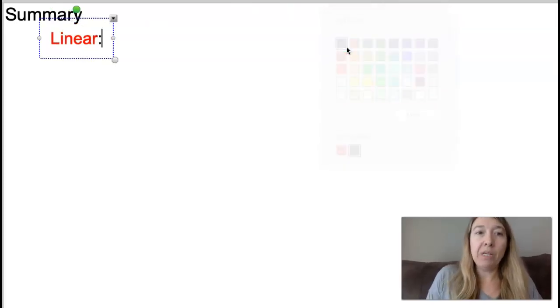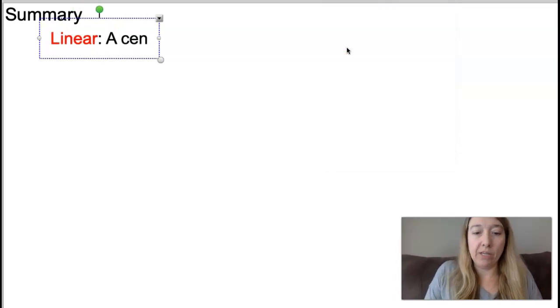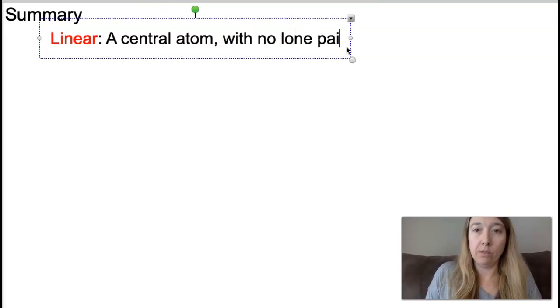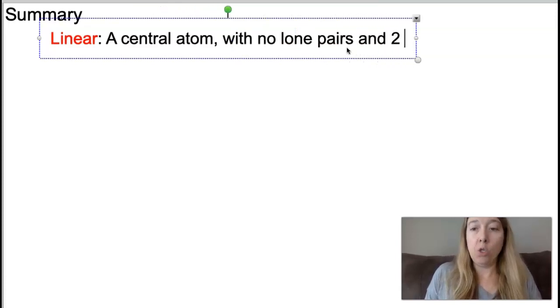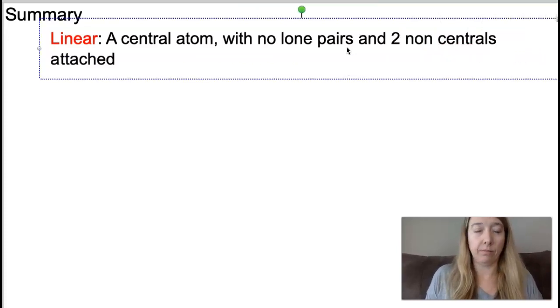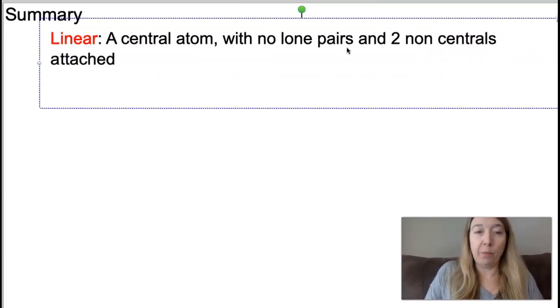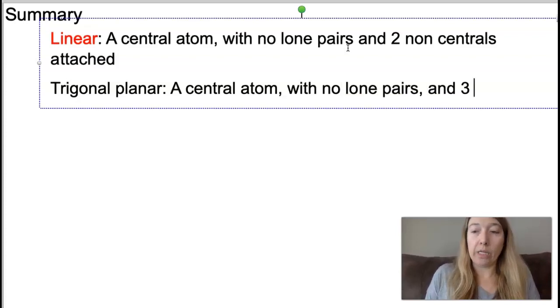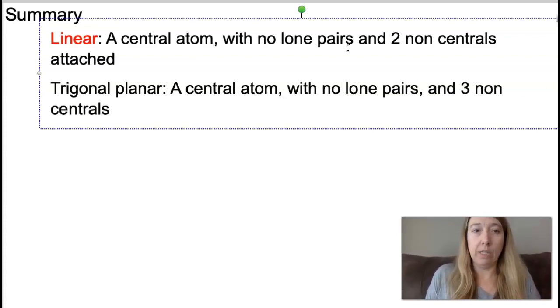We said it was going to be linear when we have a central atom with no lone pairs and two non-centrals attached. Okay, the next shape we looked at was trigonal planar. We said it was going to be trigonal planar when we had a central atom with no lone pairs and three non-centrals attached.